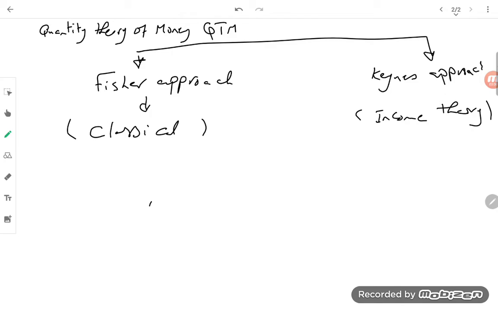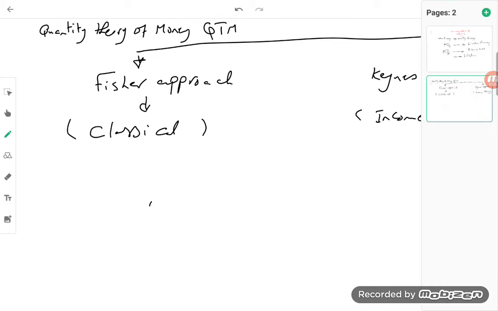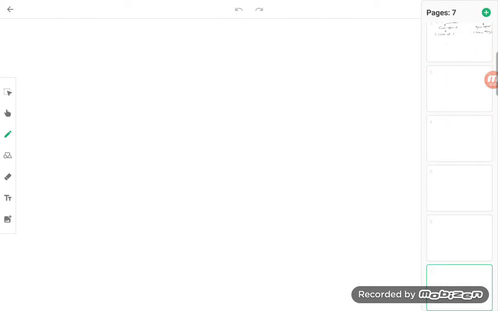So let's start with the Fisher approach, or the classical quantity theory of money, QTM.